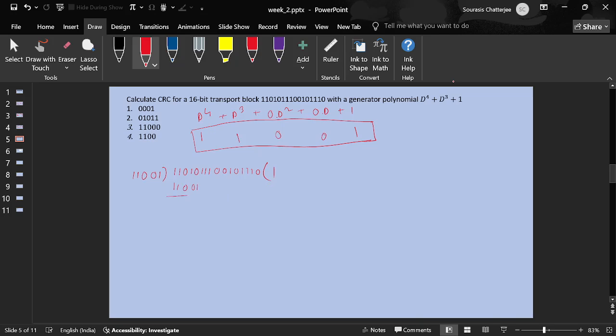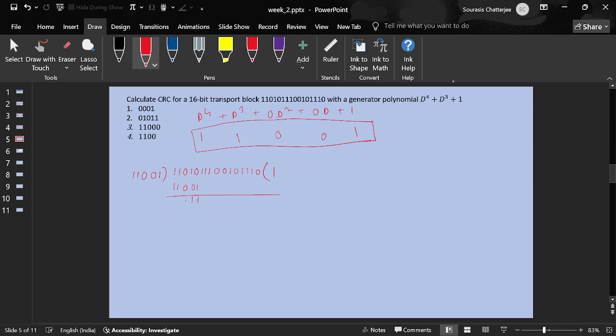So I'll have 11001 here. When I say division, what operation do I need to do here? Like AND or XNOR, XOR? XOR operation. So what I am getting from here: 0 and 1, 1. Next also 1.